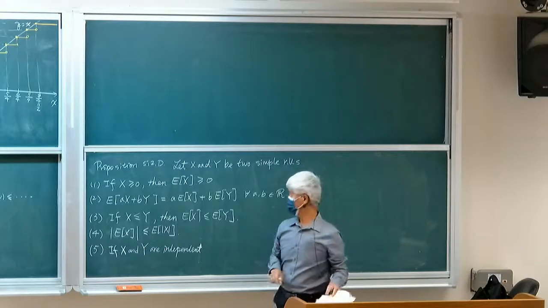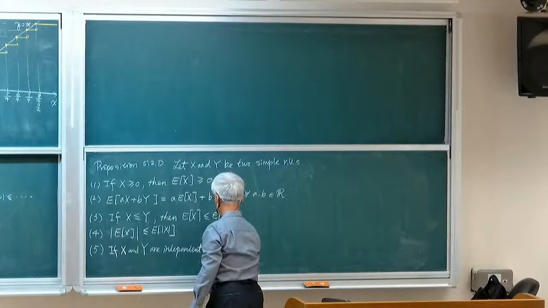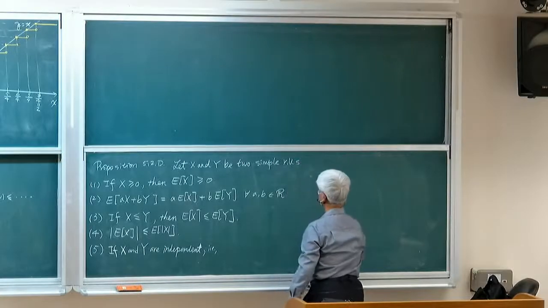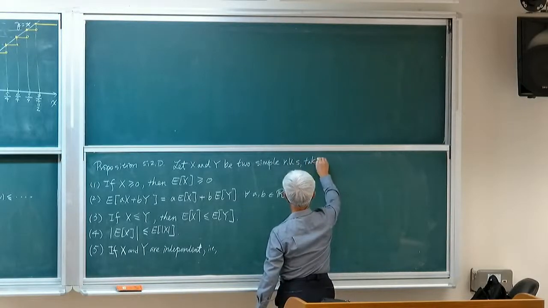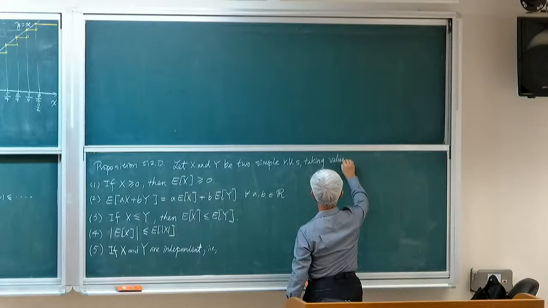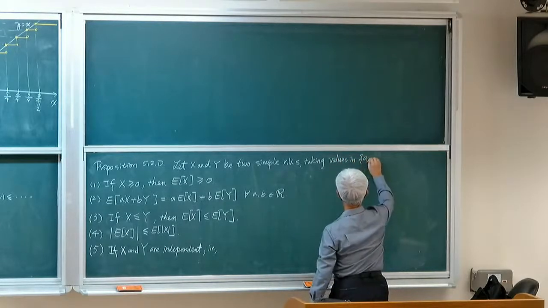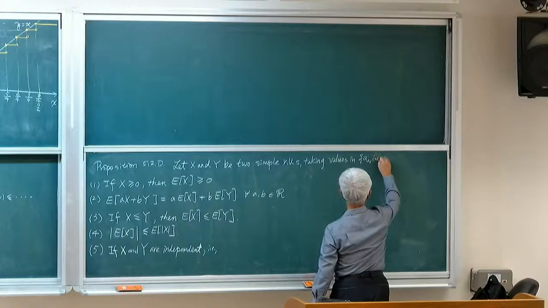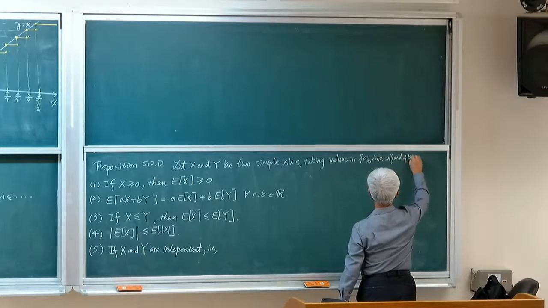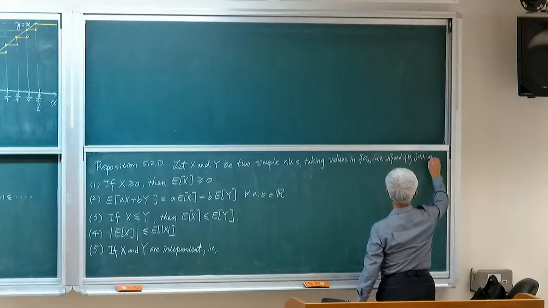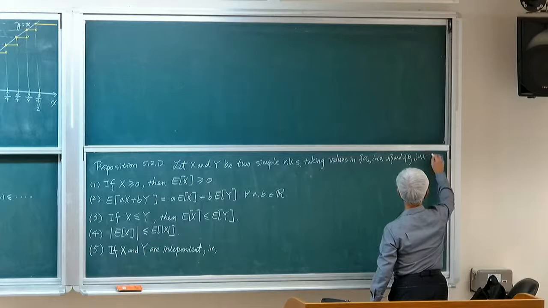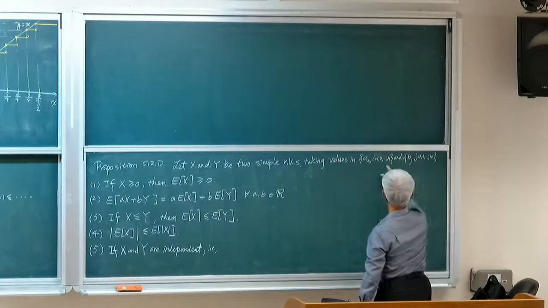In chapter 4, i.e., X taking values ai and Y taking values bj, up to n and m respectively.